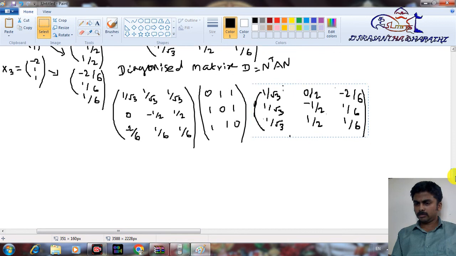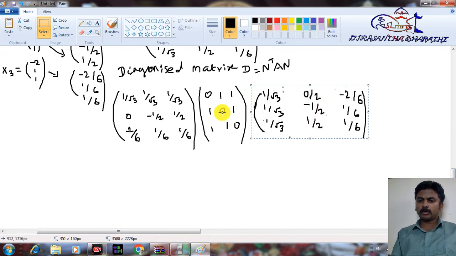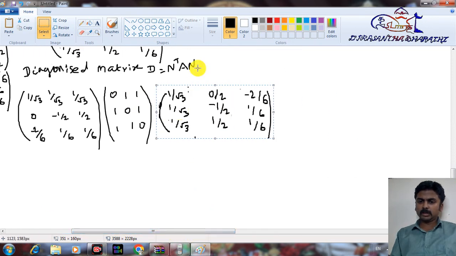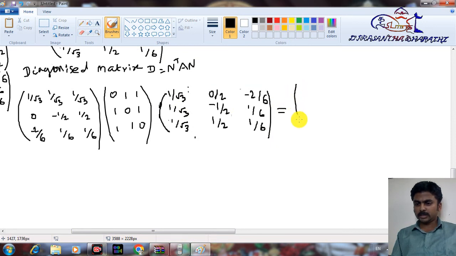Now we want to write the value of D. So what will be the product of multiplication of these three matrices? When we multiply these three matrices, we will get only diagonal elements. There is a property of a triangular matrix: the eigenvalues can be taken from the diagonal elements.